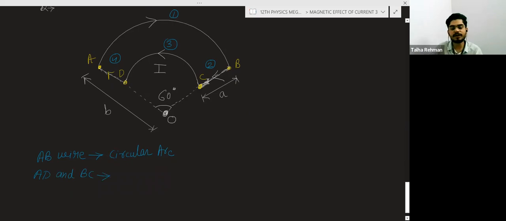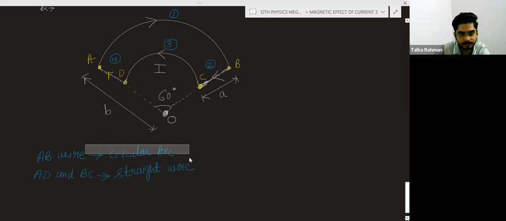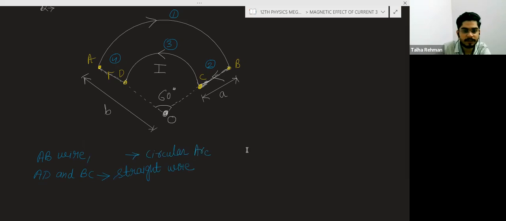These are straight wires. So you have the circular arc AB, and the DC wire is also a circular arc.